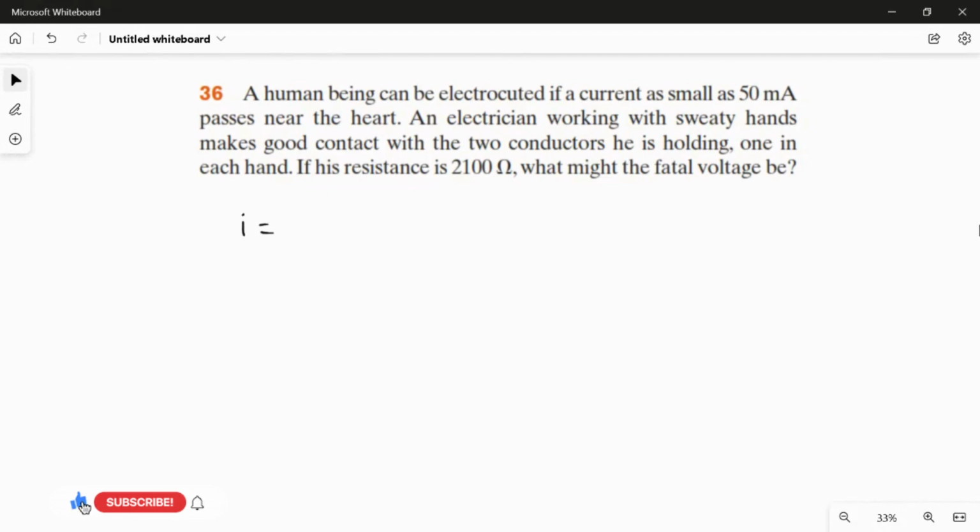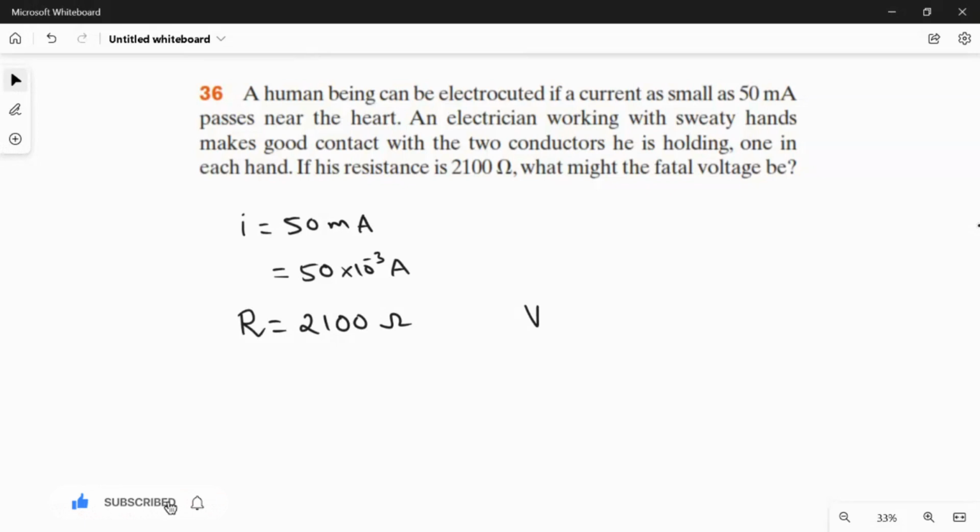The current is equal to 50 milliampere. I have to write the value in terms of ampere. Milli takes the value of 10 power minus 3 ampere, and the resistance R is equal to 2100 ohm. Now we have to use the equation voltage equal to the current multiplied by resistance.